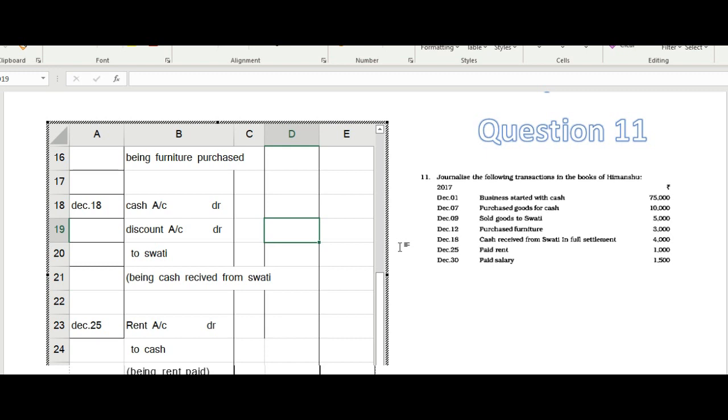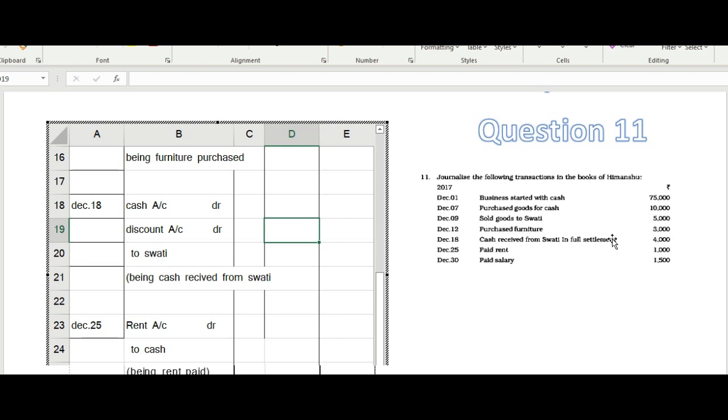In this transaction, goods sold to Swati 5,000, amount received from Swati 4,000. That means discount was allowed to Swati for paying. That's why one account is hidden in this transaction.